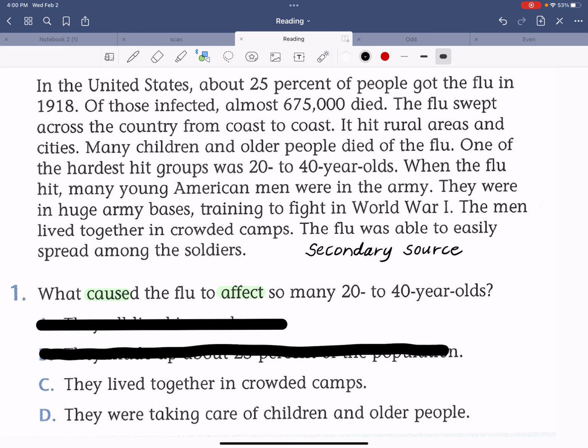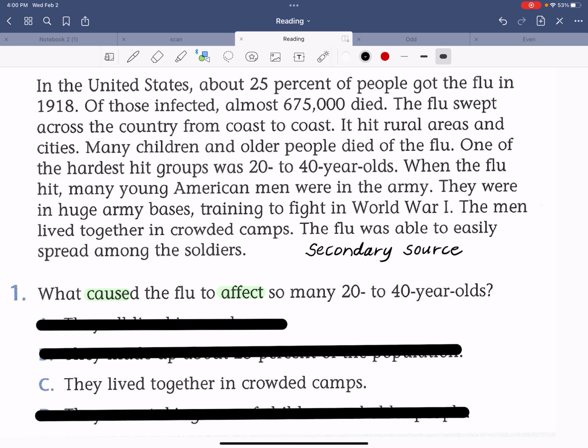So we can't say this is true. They lived together in crowded camps. It did mention that. They were taking care of children and older people. That wasn't mentioned at all. So I'm going to go with C.